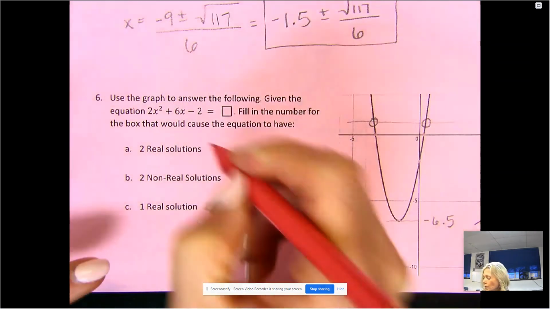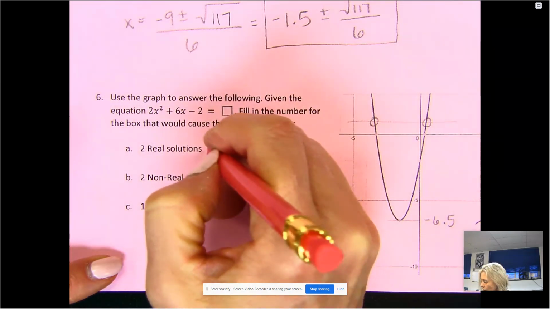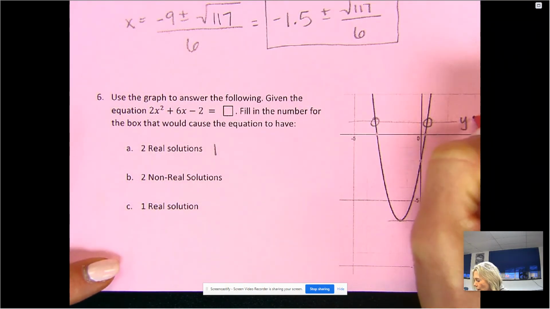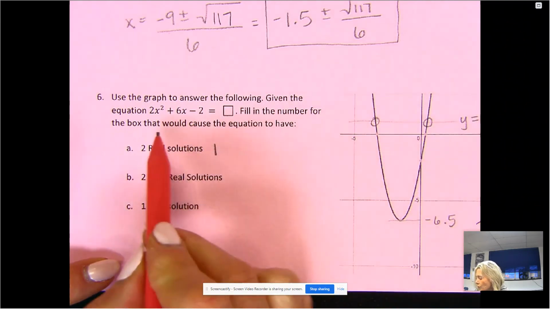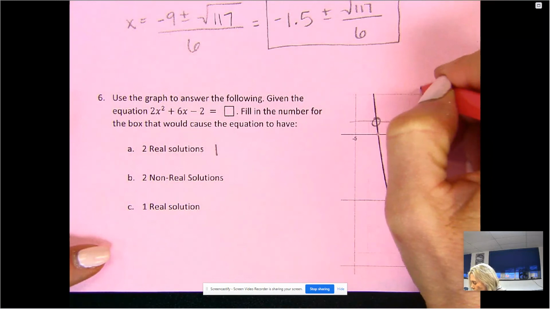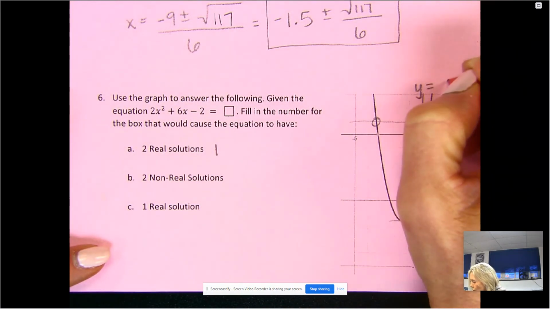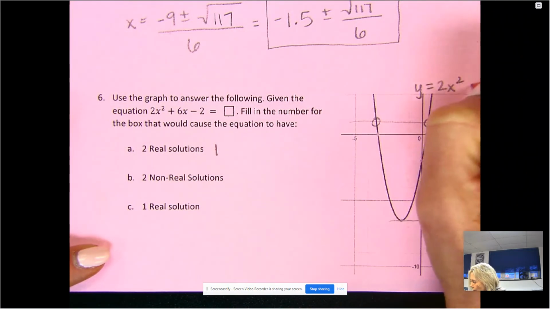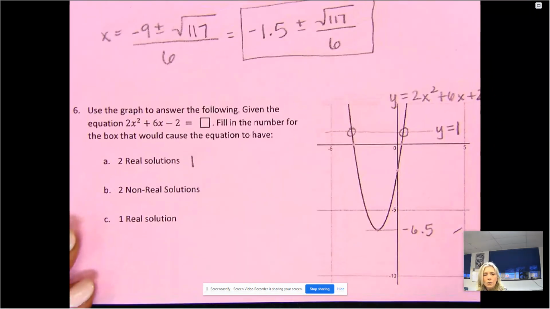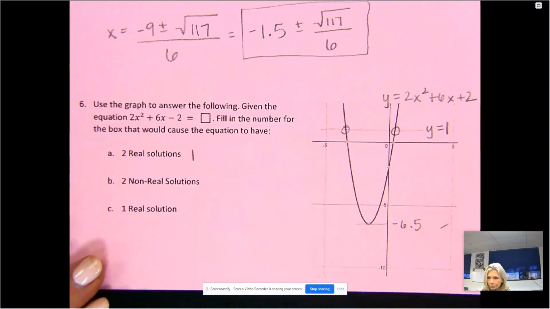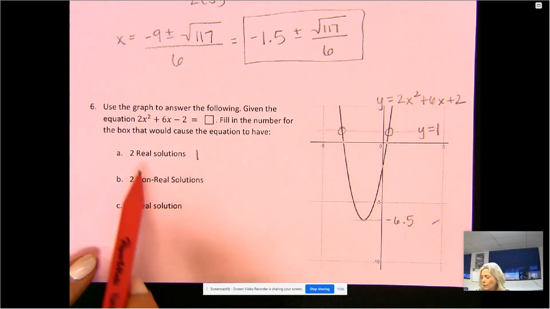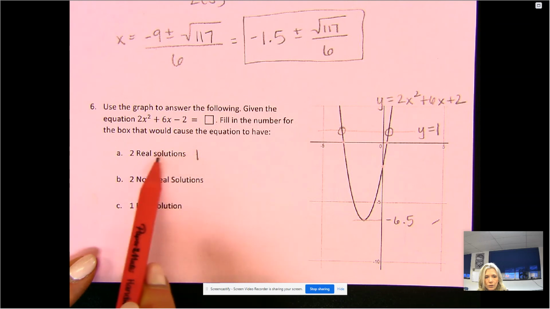So my example here is 1. Okay, so this is the line y equals 1. It crosses 2x squared plus 6x minus 2. That's this parabola, y equals 2x squared plus 6x plus 2. Okay, so again, any value above negative 6.5 will give us 2 real solutions.